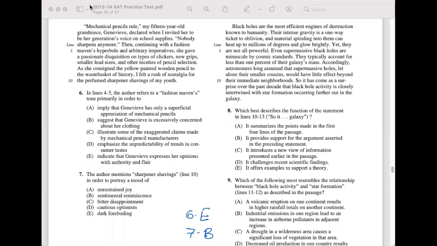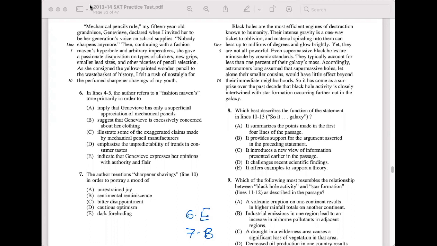They typically account for less than 1% of their galaxy's mass. Accordingly, astronomers long assumed that supermassive holes, let alone their smaller cousins, would have little effect beyond their immediate neighborhoods. So it has come as a surprise over the past decade that black hole activity is closely intertwined with star formation occurring farther out in the galaxy.